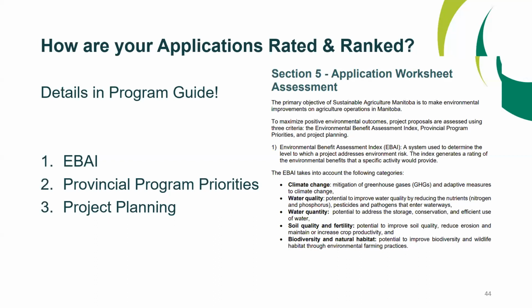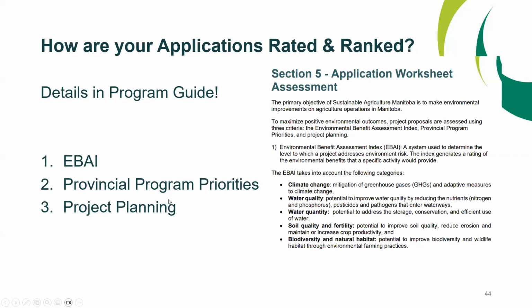Water quantity, so that indicates the potential to address the storage, conservation, and efficient use of water. Soil quality and fertility, the potential to improve soil quality, reduce erosion, and maintain or increase crop productivity. And finally, biodiversity and natural habitat. So the potential for a project to improve biodiversity and wildlife habitat through environmental farming practices.